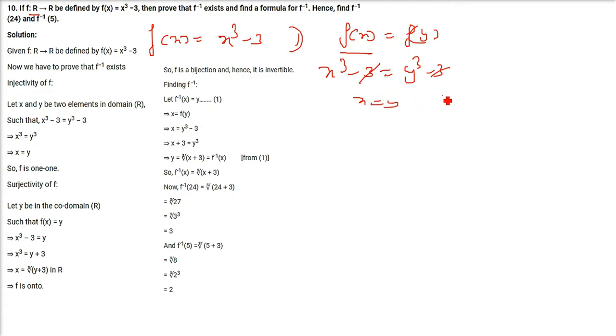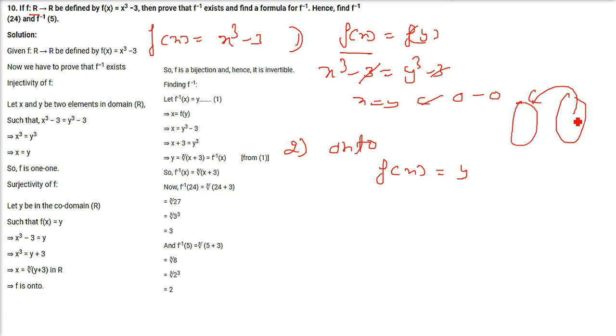Now this is the 1-1 we have proved. Now coming to onto. Onto, that is f(x) equals y, that is every value of the second set has a pre-image. Codomain always has a pre-image in your first set, and codomain and range are same. So x³ - 3 I am using.